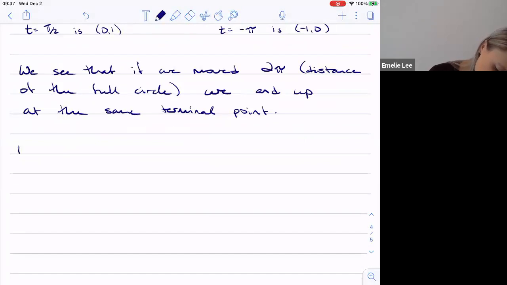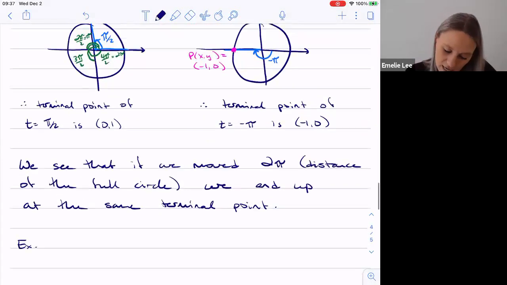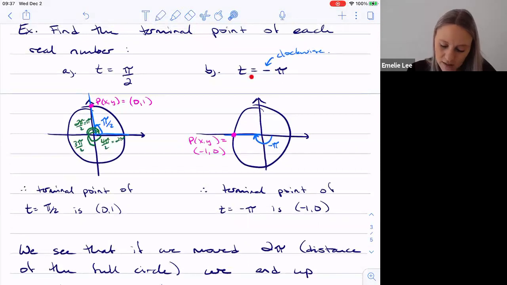So, as a follow-up example, are there any other angles which have the same terminal point as, let's say, t equals negative pi?